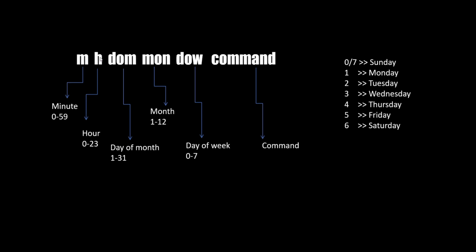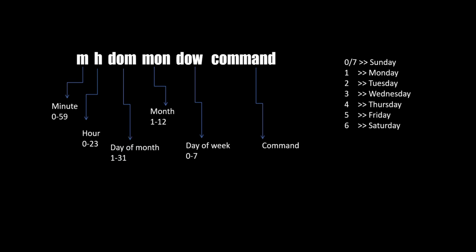The second item talks about the hour at which our job has to be executed, and it takes values from 0 to 24, obviously following military time. The third item talks about the day of the month. It takes values from 1 to 31. We should be aware that not all months have 31 days, and even February sometimes has 29.